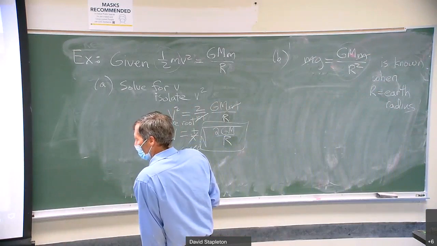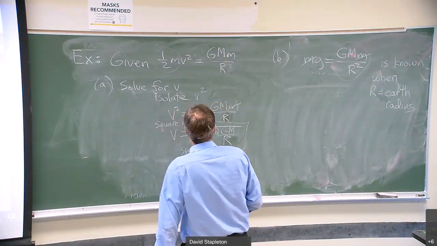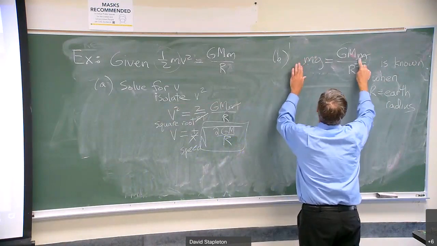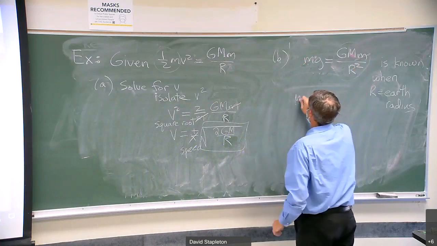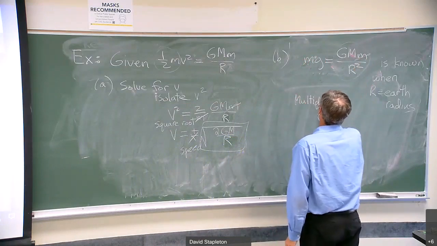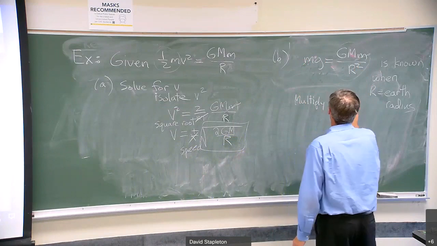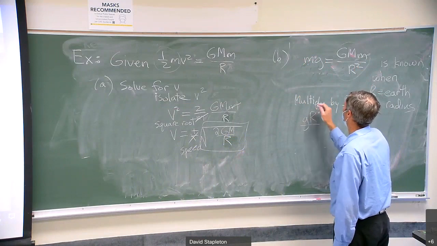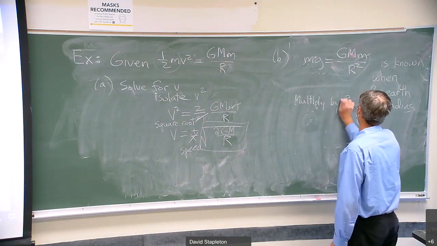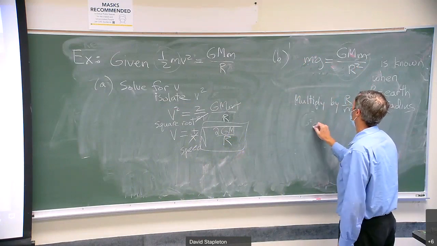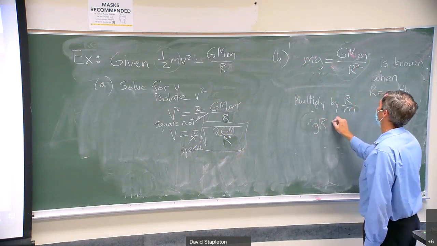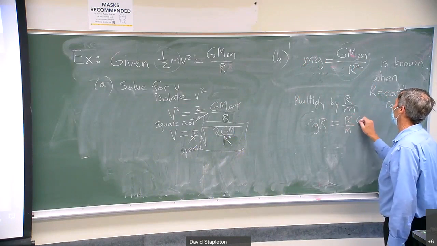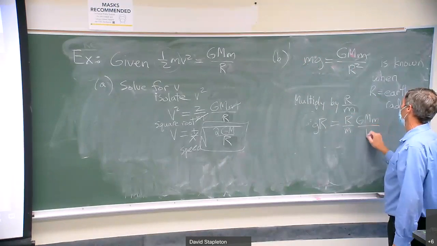Multiply both sides by r over m, and you get gr on the left because the m's cancel, equals r over m times GM over r squared.